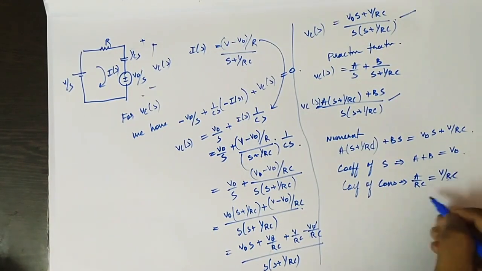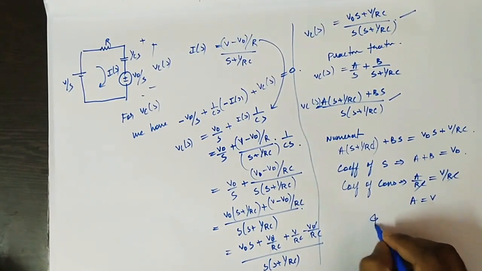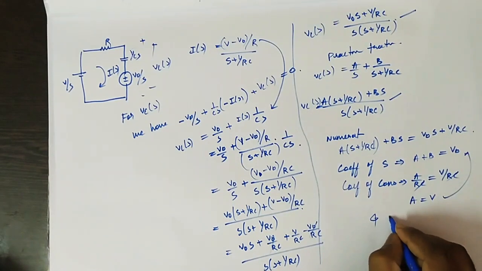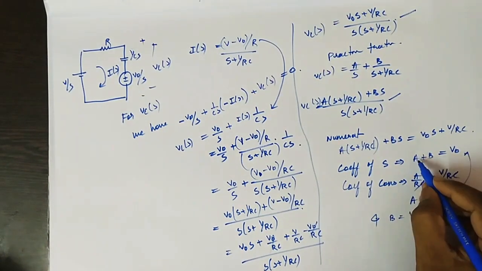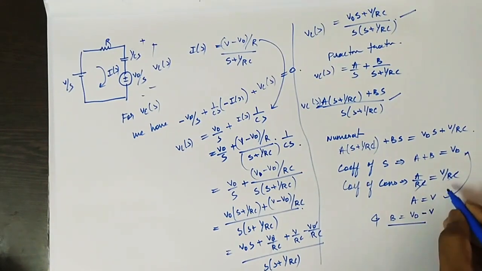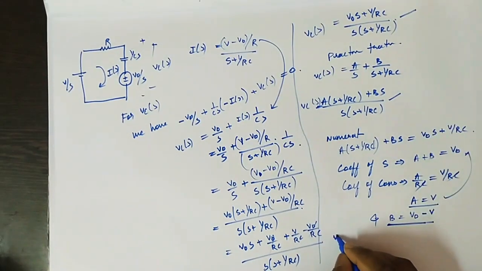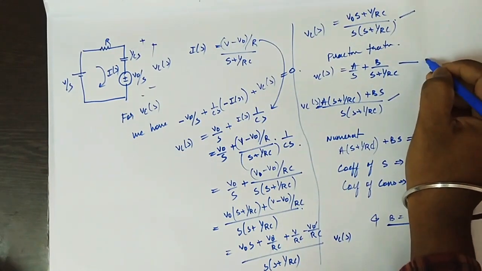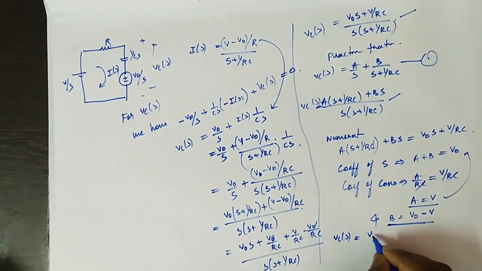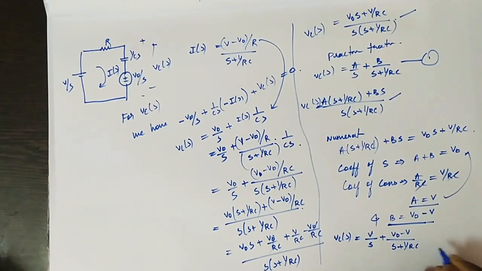So RC will get cancelled and A equals V. Substituting this A, we get B equal to V naught minus V. So A equals V and B equals V naught minus V. Putting these two terms in, Vc of S equals V by S plus (V naught minus V) by (S plus 1 by RC).